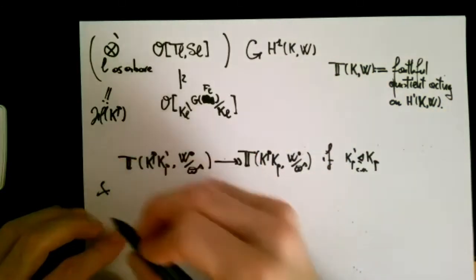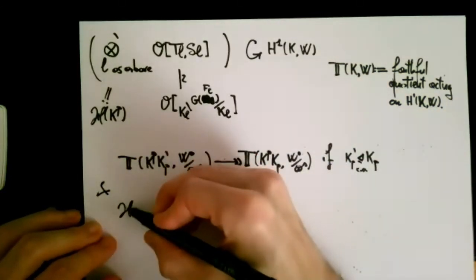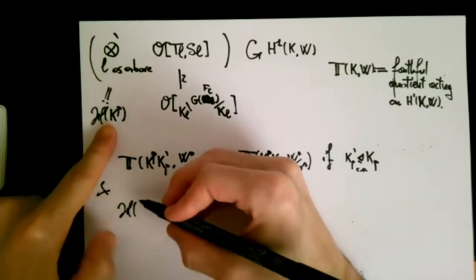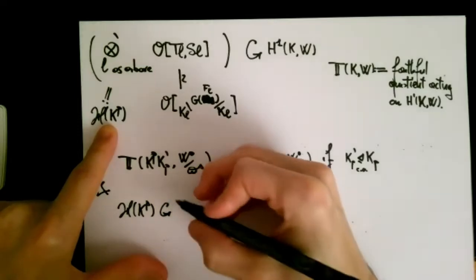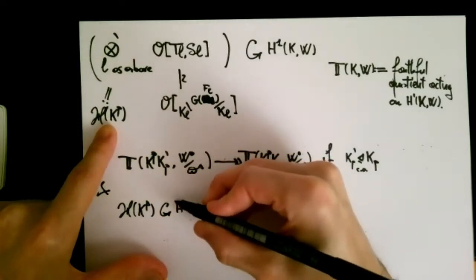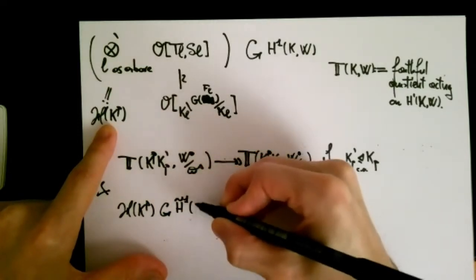Moreover, this abstract Hecke algebra H acts by continuous operators over the completed cohomology as well.